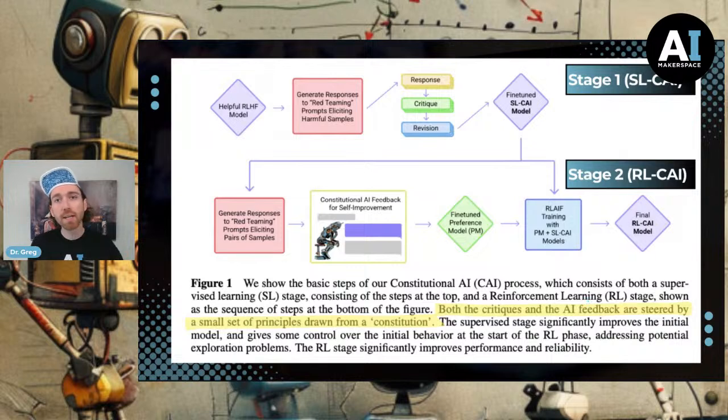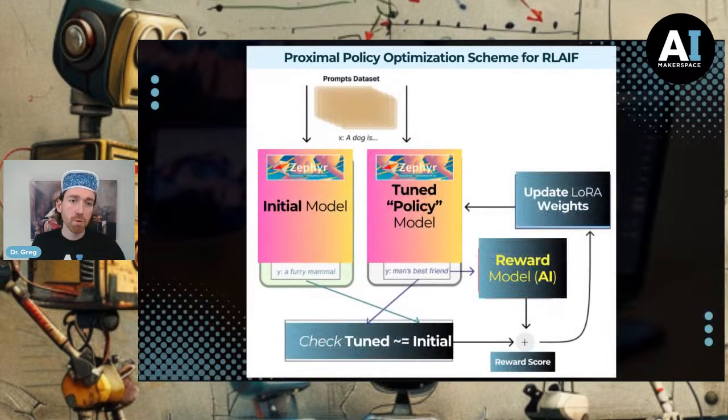But perhaps it's not that useful to look at everybody else's reinforcement learning system diagrams. So let's go back to the one that we prefer. Proximal policy optimization scheme for RLAIF looks something like exactly what we just saw for RLHF, only the reward model was built and trained leveraging AI.